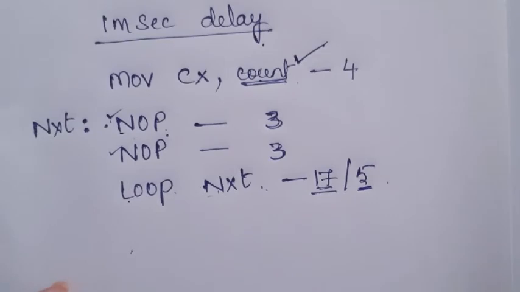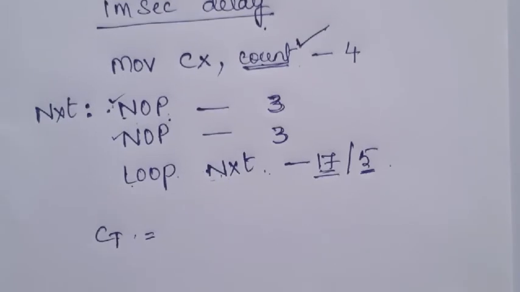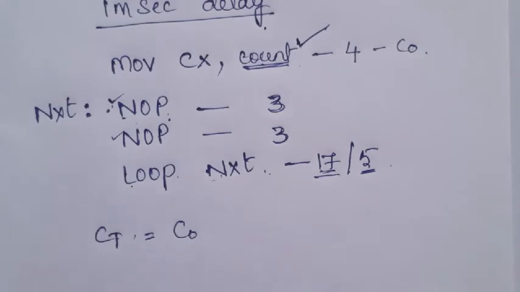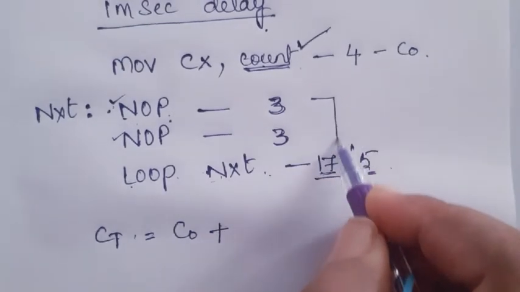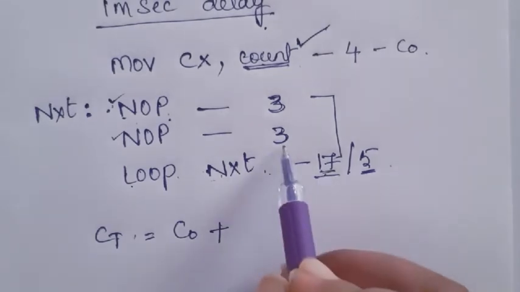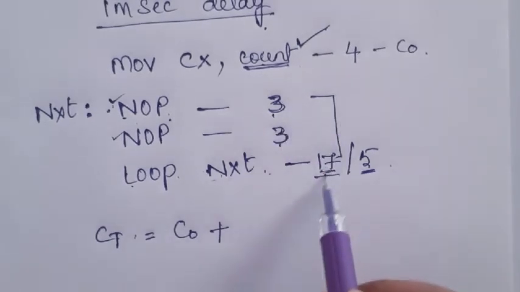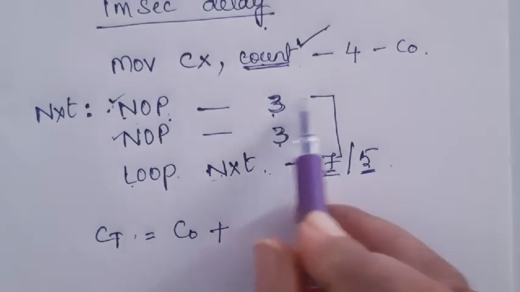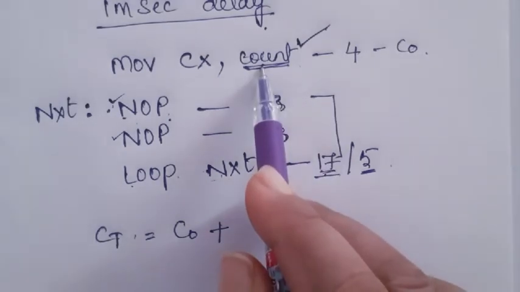Okay, so here the total clock cycles is equal to, let us suppose this is out of the loop, so C naught plus 17 plus 3 plus 3. How many times is it executed? The number of times is the count.